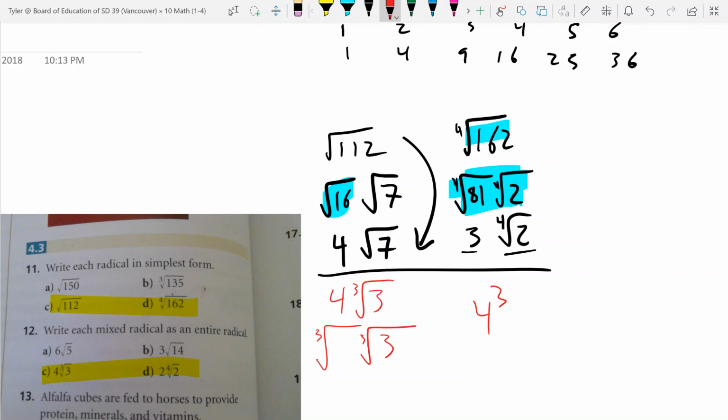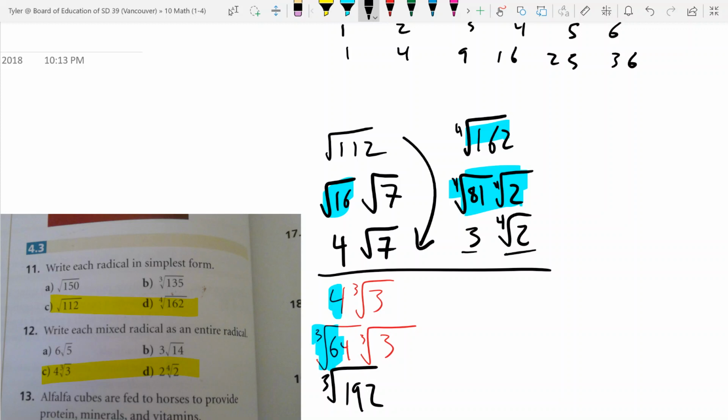Yeah, just checking. 64. Okay, so the 4 turned into the cubed root of 64. They're the same thing. Now we multiply that by 3. We end up getting 192, and it's still cubed root.